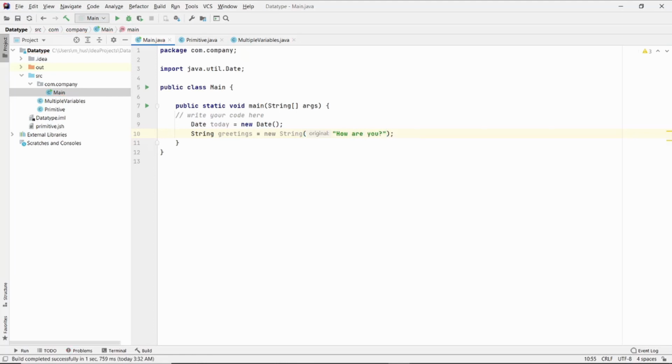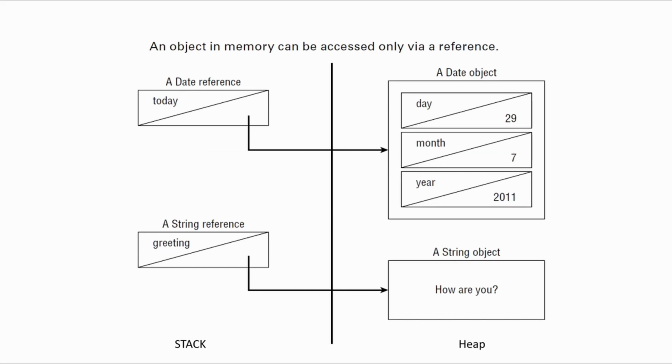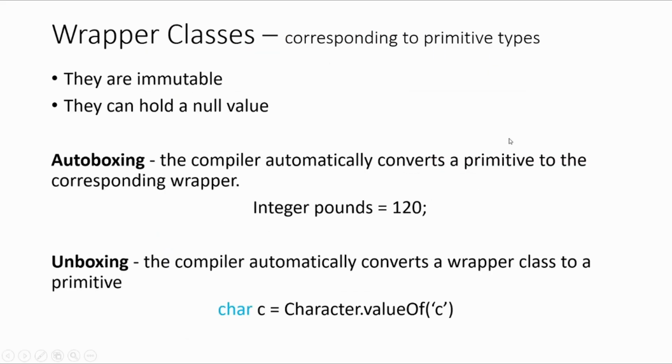So this is a way to declare, instantiate, and initialize the reference type variable. Why do I use this? Because I need it for the next topic, which is wrapper classes.